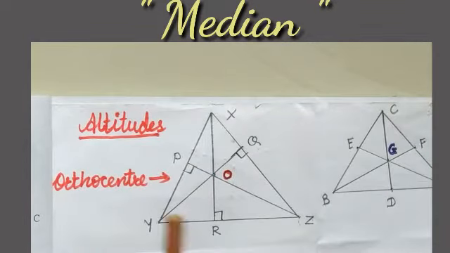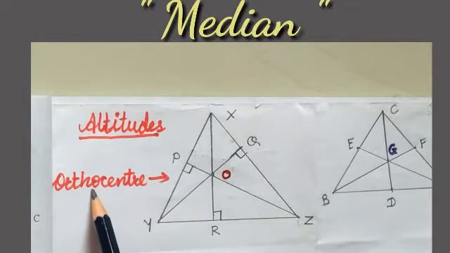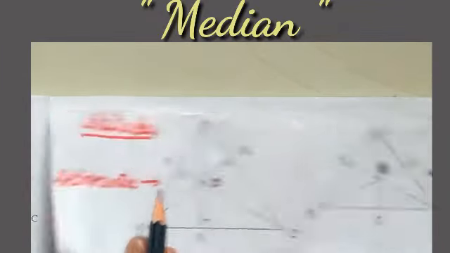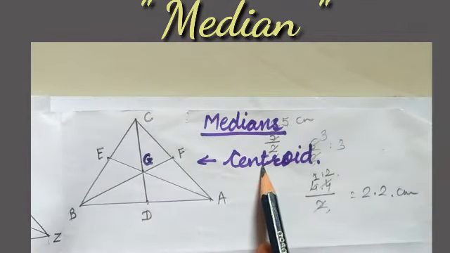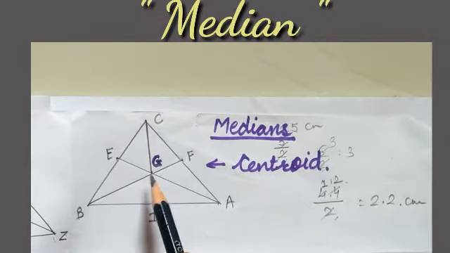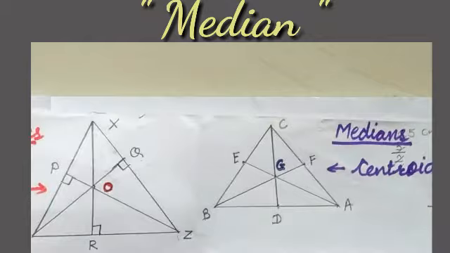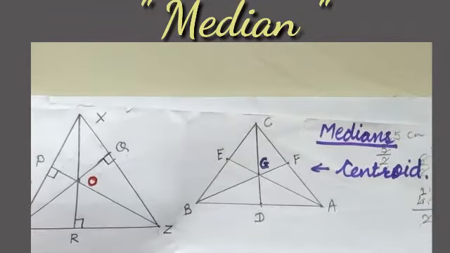Remember, the altitudes' point of concurrence is called the orthocenter, which is denoted by the letter O, and the medians' point of concurrence is called a centroid, which is denoted by the letter G. Always remember these two most important concepts from the 4th unit.